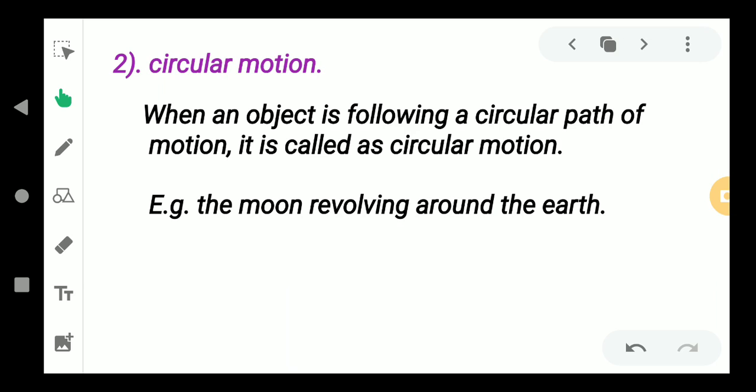Second type of motion is circular motion. When an object is following a circular path, it is called circular motion.